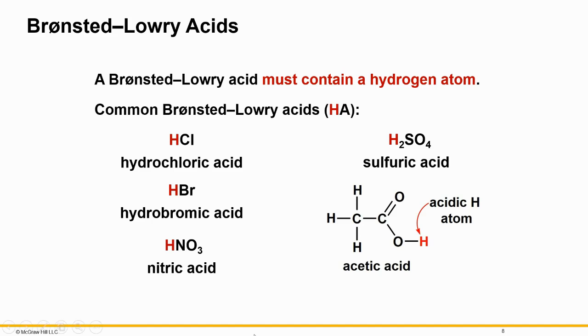All right, so we notice with these ones, we have all these hydrogens that we can donate. So this sulfuric acid has 2 hydrogen ions that it can give away. So it's a kind of special type of acid we'll talk about in a minute. And then acetic acid, some of these hydrogens are not acidic. These are called the non-acidic protons. This one is going to be acidic. It can come off of the rest of the molecule.